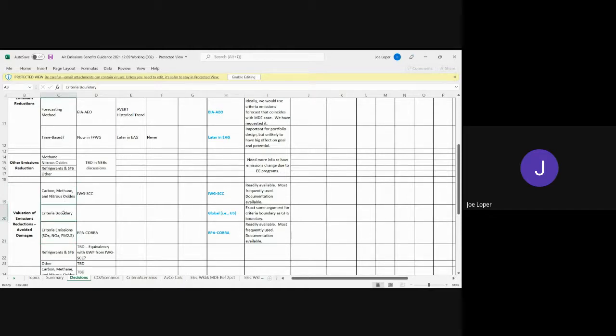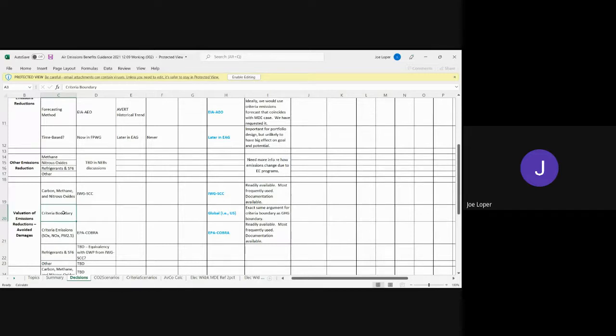Criteria boundary. Let's see. For the GHG boundary, I didn't even include it on here because I haven't heard anyone in this context suggest we should be using anything less than a global boundary for GHG emissions. If people want me to add a row, I can do that.